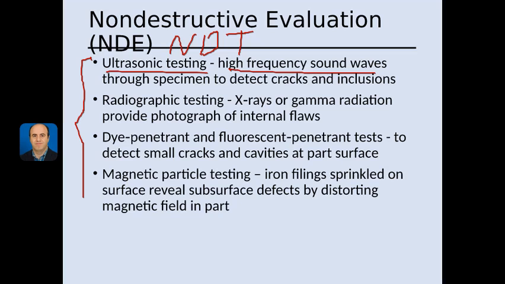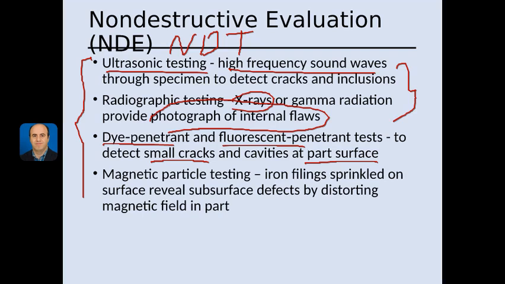The next one is radiographic testing, where X-ray or gamma radiation will be used to provide a photograph of the internal flaw. So these two are used for internal flaws. And dye penetrant and fluorescent penetrant are used to detect small cracks and cavities at the surface of the part.